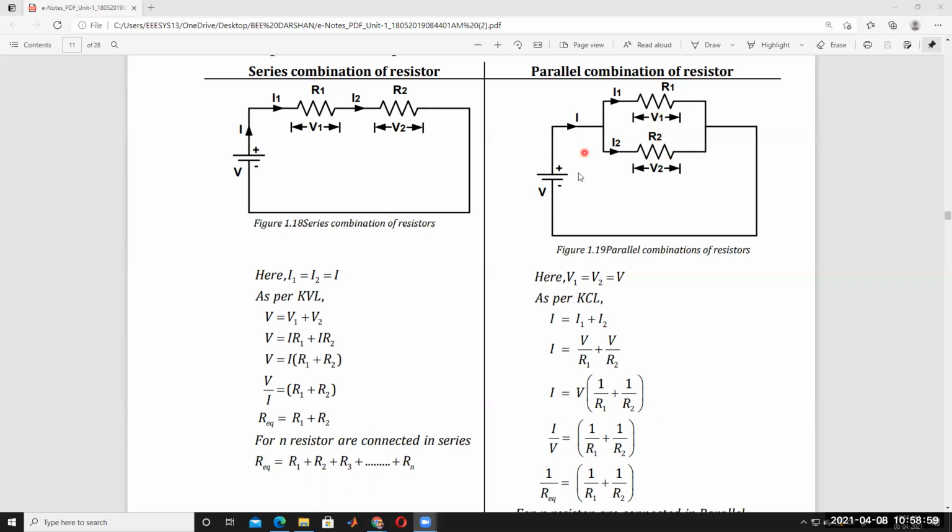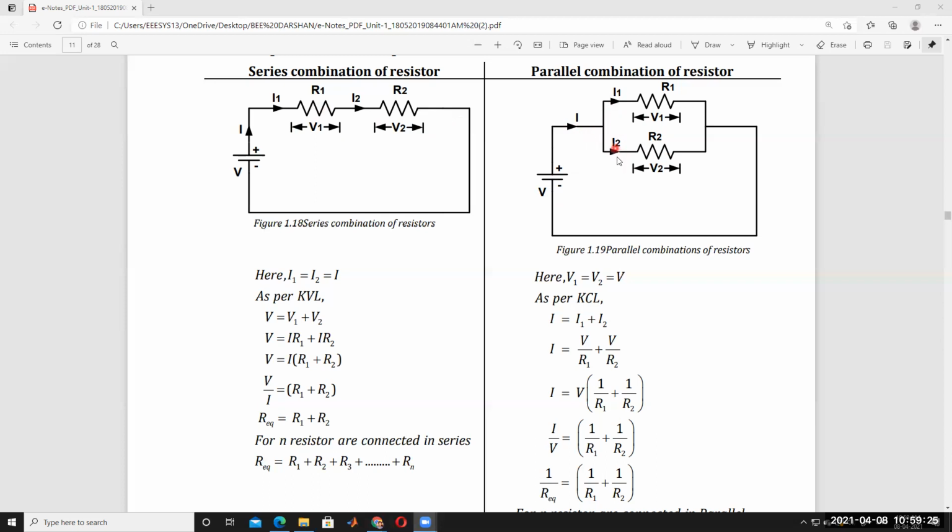The source current is called I, and it is dividing at junction J, that is called a node, into I1 and I2. The source current is dividing in a parallel circuit, but in series the current is the same and voltage is dividing, while in parallel the voltage is the same and current is dividing. The current entering this junction is equal to this current and this current.